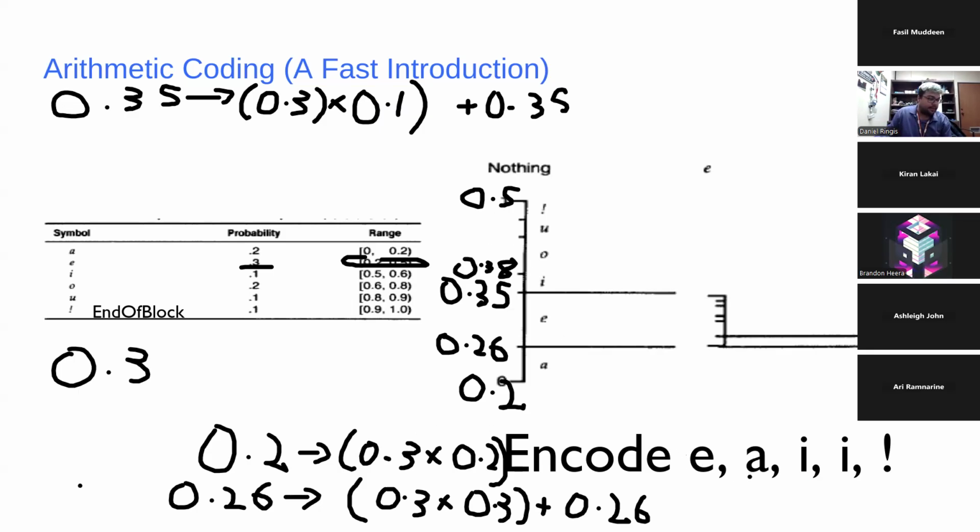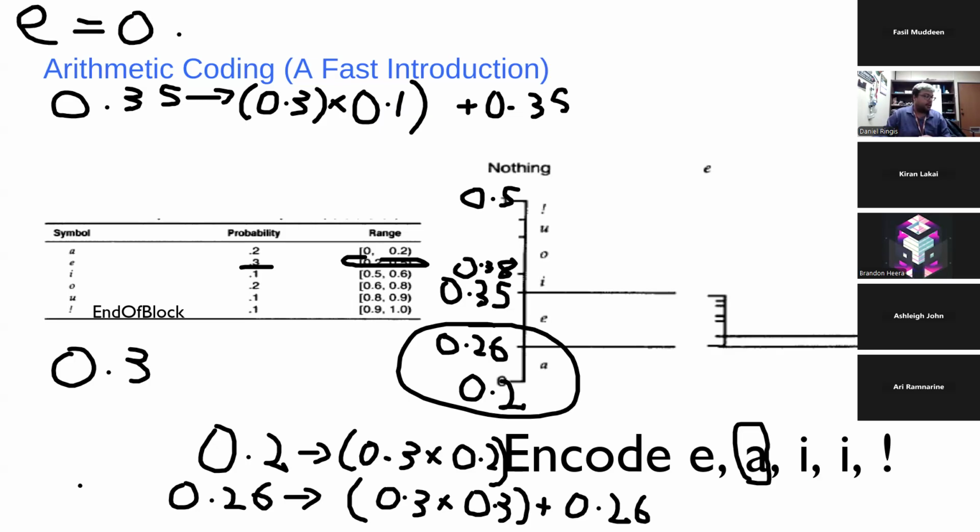What is our next symbol here? A. So it means that our values need to be between 0.2 and 0.26. So you see how we're going smaller and smaller until we get each of these. The E indicates that we have to be between 0.2 to 0.5.